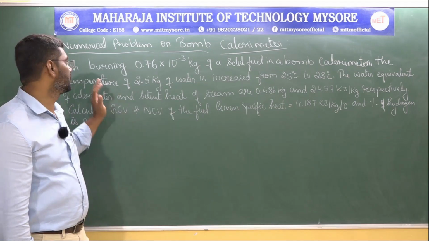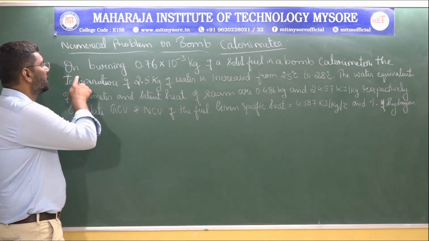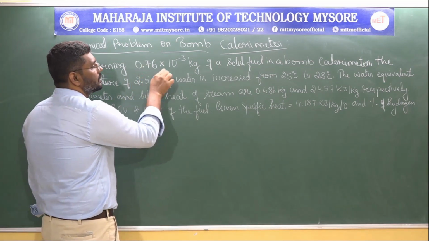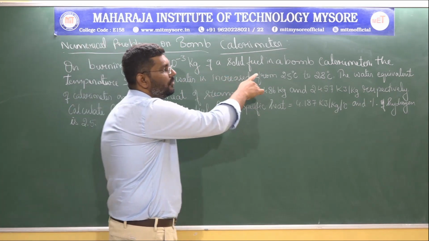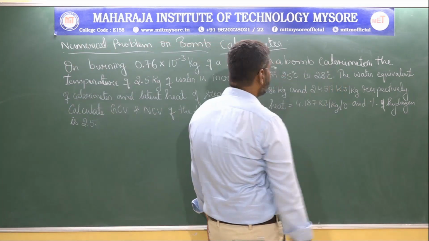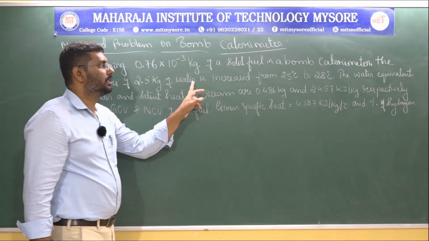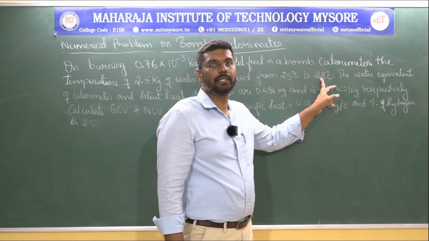If you just have a look at this numerical problem, what he is telling is: on burning 0.76 into 10 raised minus 3 kilogram of a solid fuel in a bomb calorimeter, the temperature of 2.5 kg of water is increased from 25 degrees centigrade to 28 degrees centigrade.